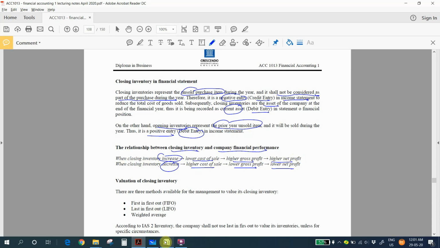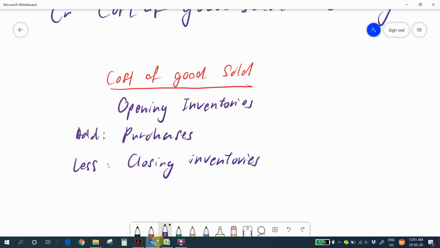So let's take a look on this formula. We know in this formula, closing inventory should be a negative amount. So let's assume if you have a higher or increase in your closing inventory value, this will lead to your overall COGS become lesser. So when your COGS become lesser, you have a higher profit.